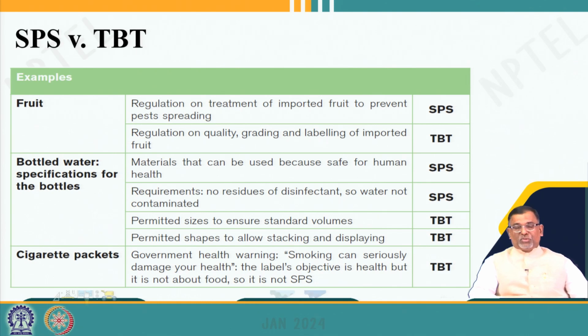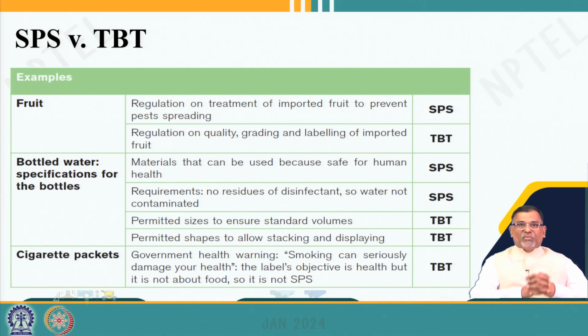Bottled water, many times bottled water is under controversy. The materials which can be used, because they must be safe for human health, since you drink directly, are an SPS measure, and the residue, disinfectant and contaminant requirements for bottled water are also SPS measures.